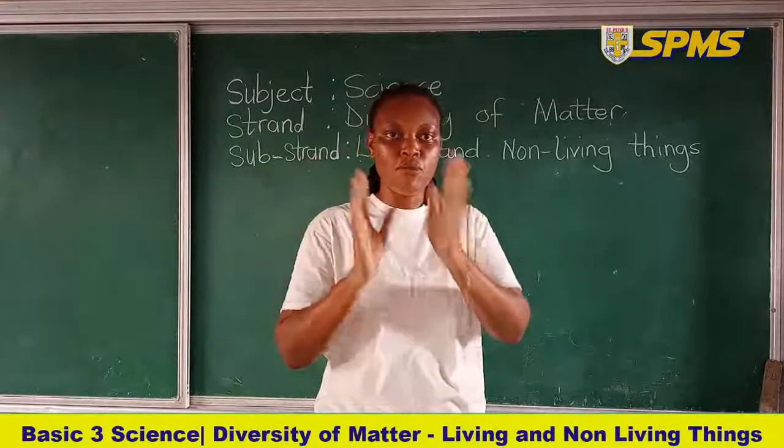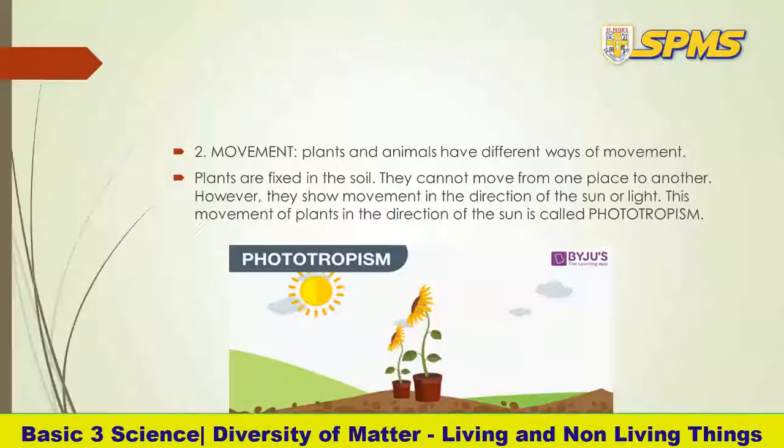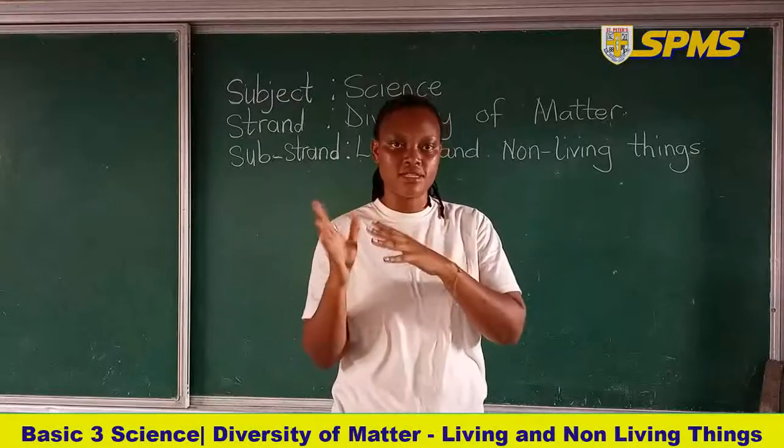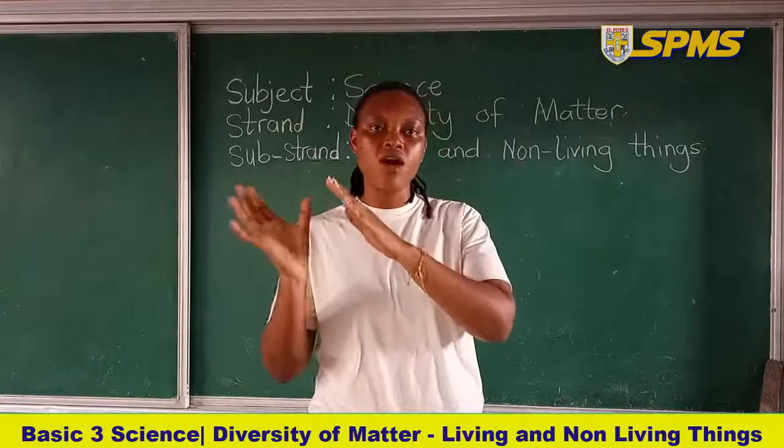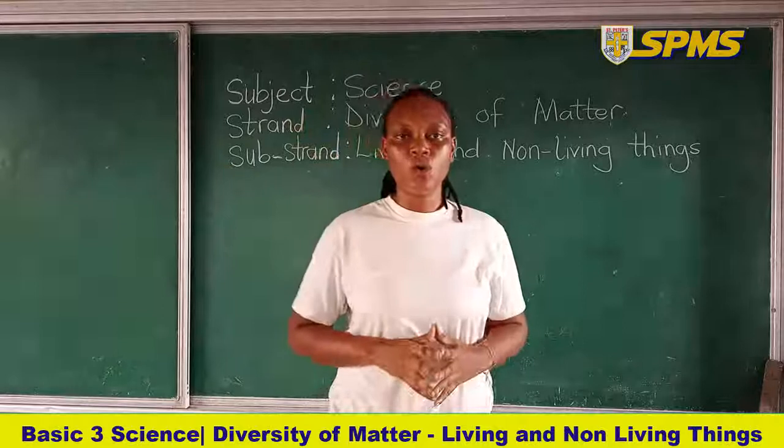Is that okay? They move to that direction. This movement of plants in the direction of the sun is called phototropism. Phototropism. So that is the movement of the plant towards the sun or towards the light.